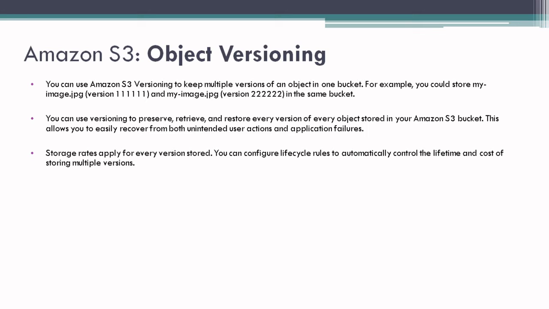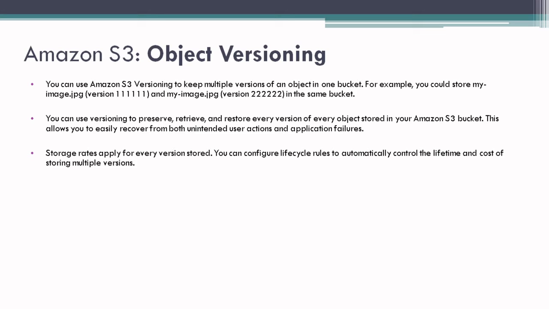As you have multiple versions of the same object, your storage cost will increase. So how can you handle that? You can configure lifecycle rules. The old version you may move to another storage class, or after some time you may want to delete it. So you can set some lifecycle rules.